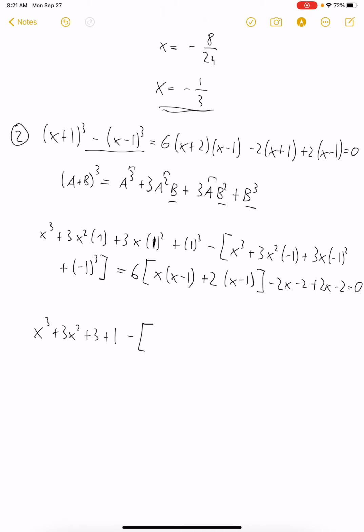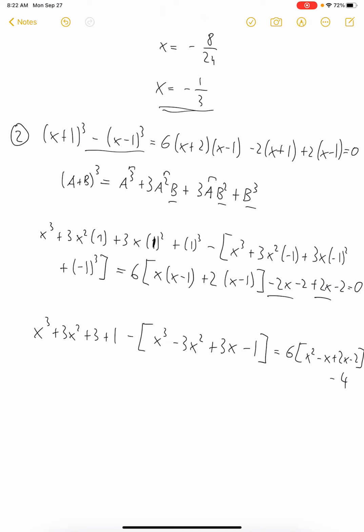Then we have the second bracket, in which we have x cubed minus 3x squared plus 3x minus 1. And this should be equal to 6 times (x squared minus x plus 2x minus 2), and then the leftover is minus 2x plus 2x cancel, and we are left with minus 4.